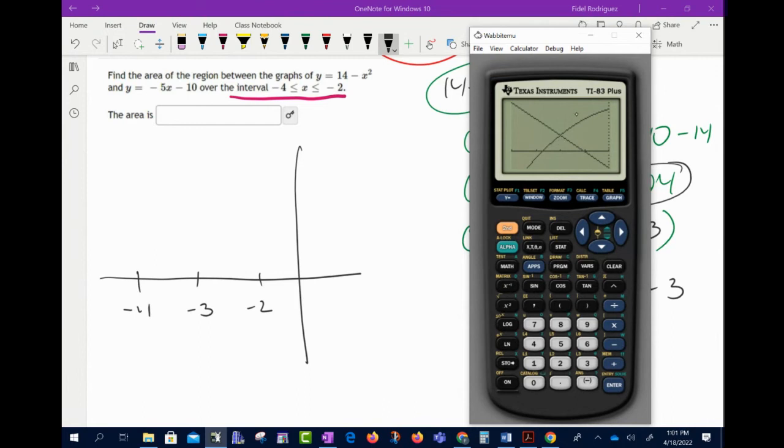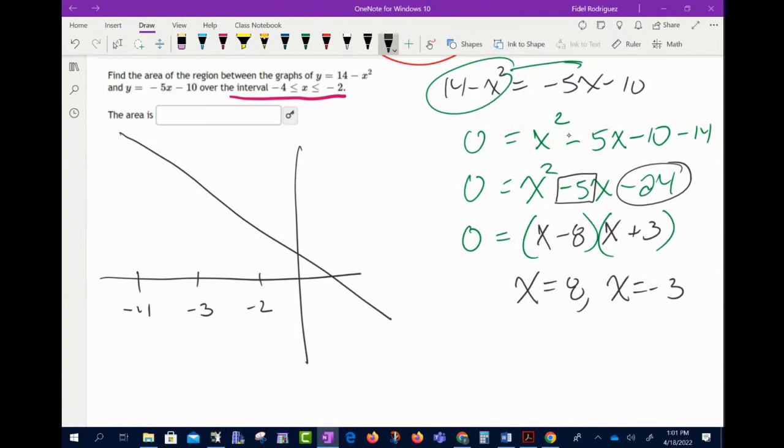Let's see. I want to figure out which is my top function and which is my bottom function. So my line looks like it's doing something like this here. My parabola looks like it's doing something roughly like that, right? Okay, and we're trying to integrate this, y'all, between negative 4 and negative 2. Now, I don't necessarily know that it crosses there at negative 4, so maybe I shouldn't put that there.